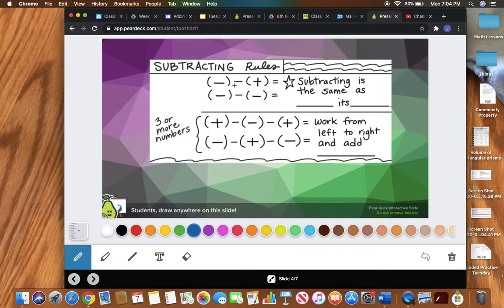So here, remember how in class I went over with subtracting when you have two negatives next to each other. Remember, this looks like a disconnected plus sign, so I'm going to make this into a plus sign. So then I have positive plus my positive. Okay, so technically it would look something like that.